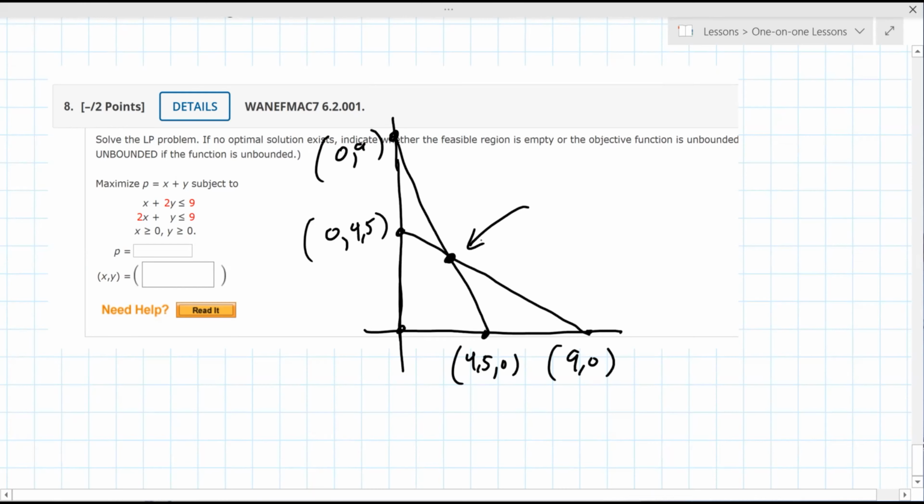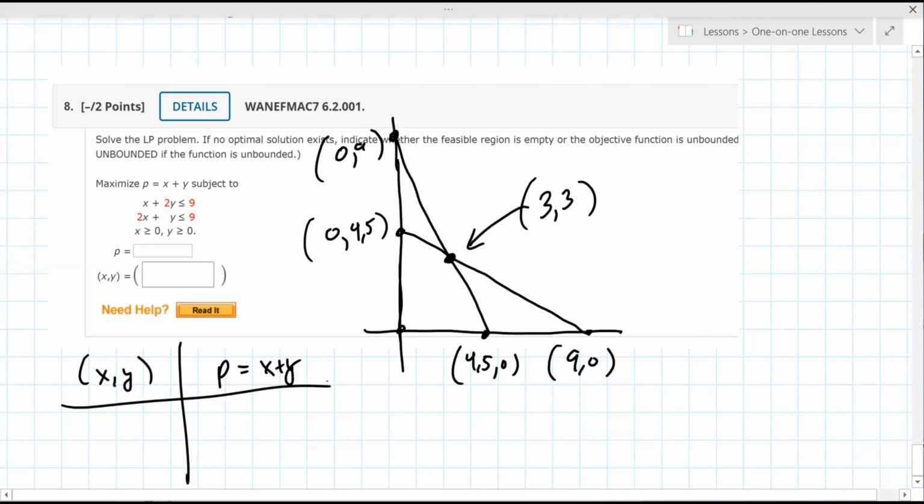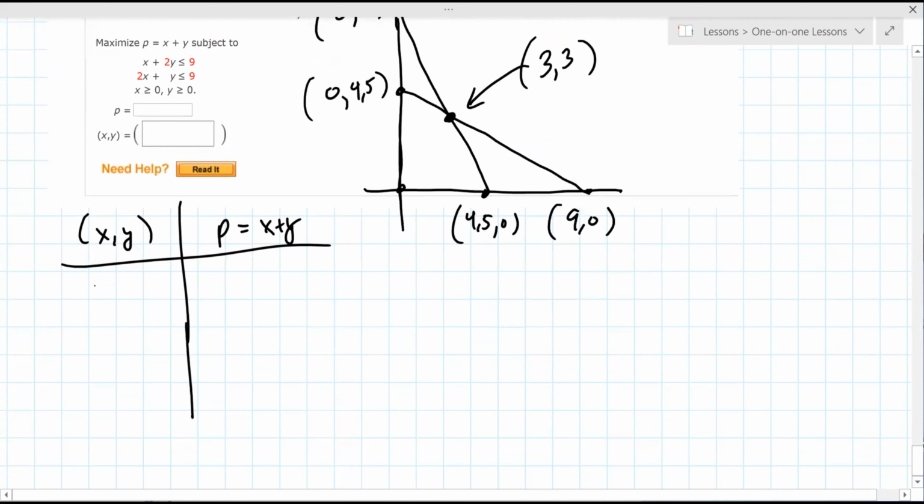But we need that one. That one comes from the intersection of the two. Now it could be the place where min or max is, but we don't know. 3 and 3 seems pretty reasonable there. So 3 comma 3. Now we don't know which one is right, and it usually is this point, but not always. So you make your table x comma y, p equals x plus y. 0 comma 4.5, well, that's 4.5.